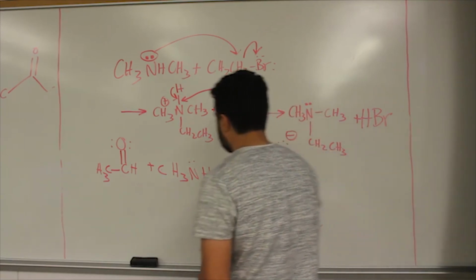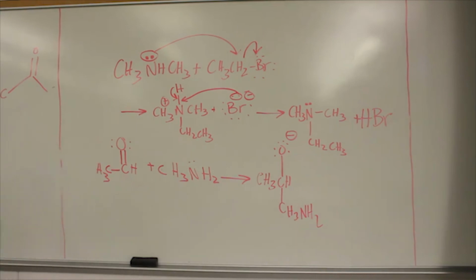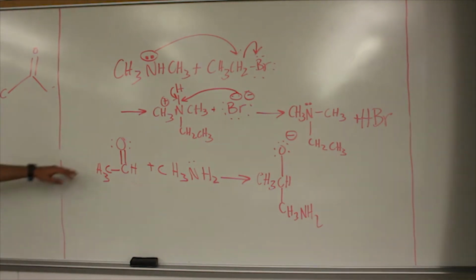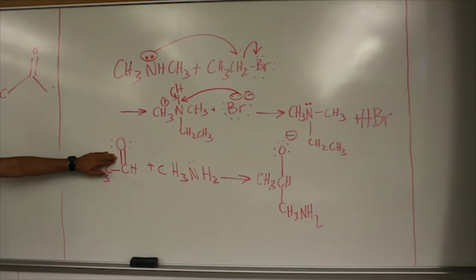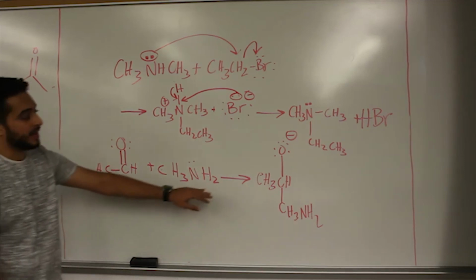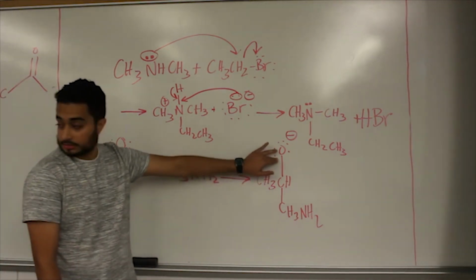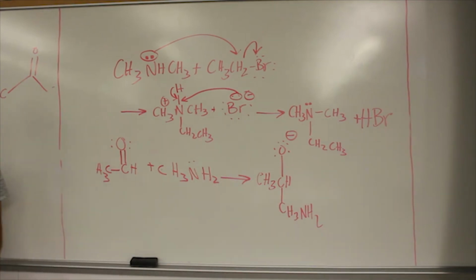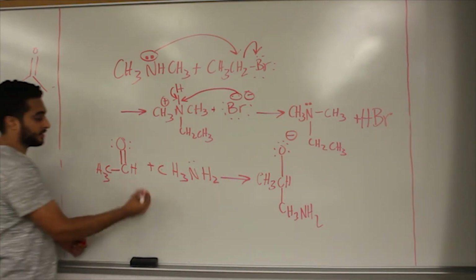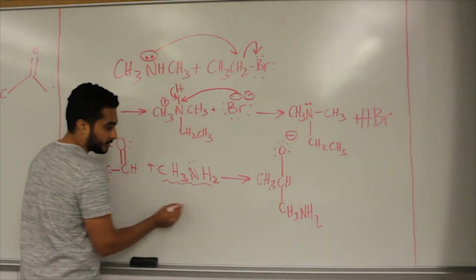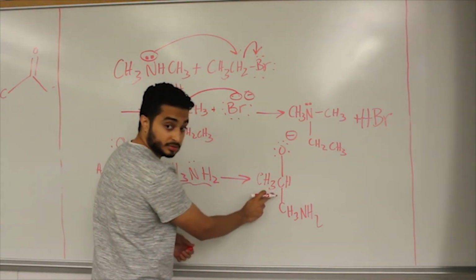Okay, so like with the rest of the stuff that we've been seeing in this question, we're going to look at what we have, and we're going to look at what we want. Over here we have a double bonded oxygen with a carbon, and over here that same bond becomes a single bond now. And as you can see, this group, which is isolated from this group on the left, now attaches onto that same group.